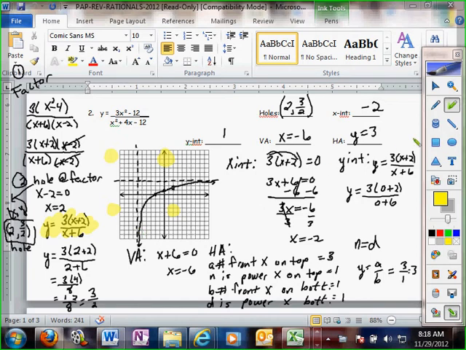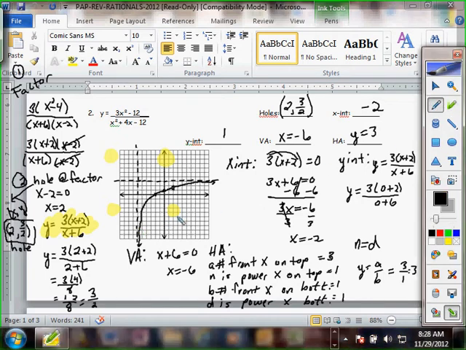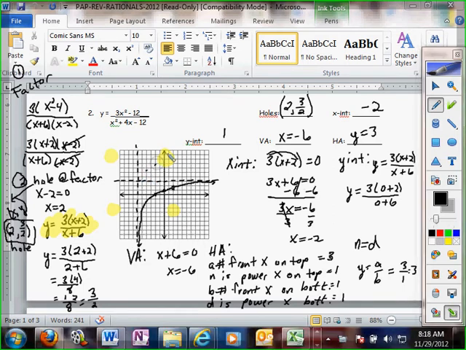And we've been having symmetry, what I would call a diagonal symmetry. Like if I could draw an imaginary line right through here, they've been having this symmetry where if this piece is down here in this quadrant, this other piece is going to be up there. And that's what my graph looks like. And I would check that in my calculator and I would see that I'm correct, and I would move on to the next problem.